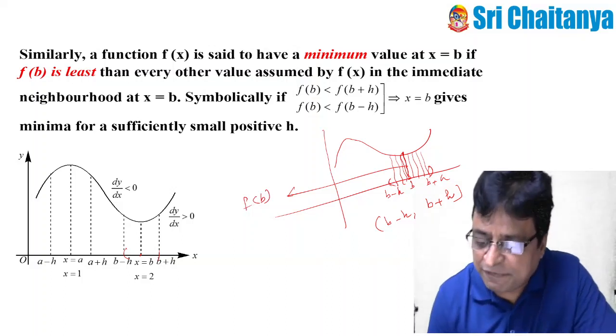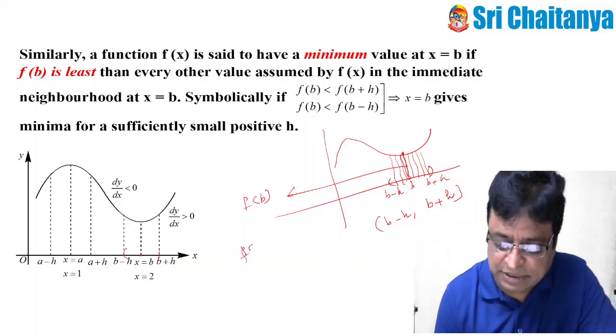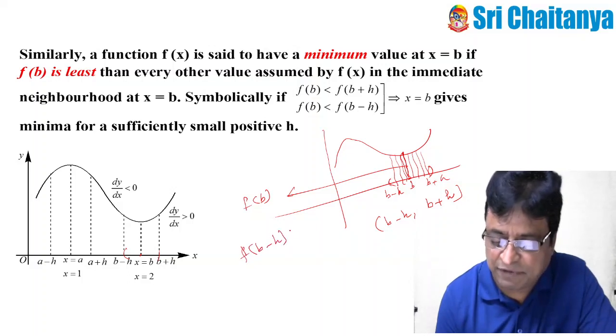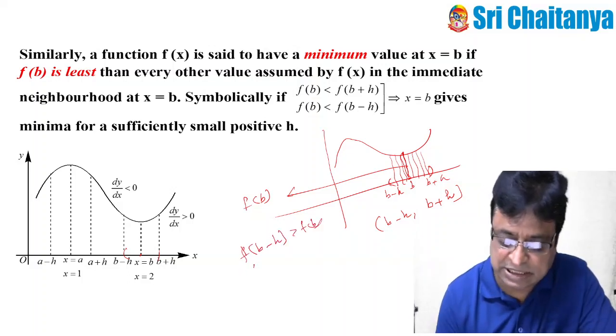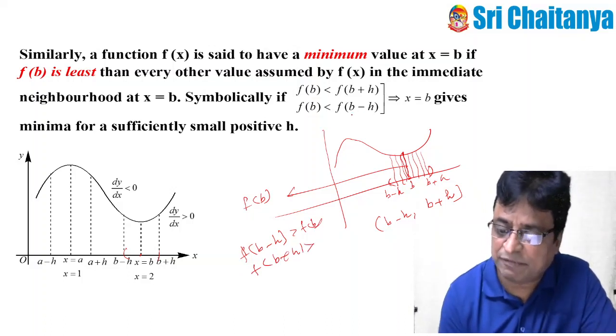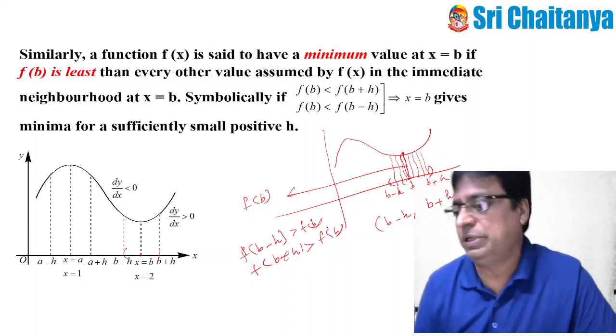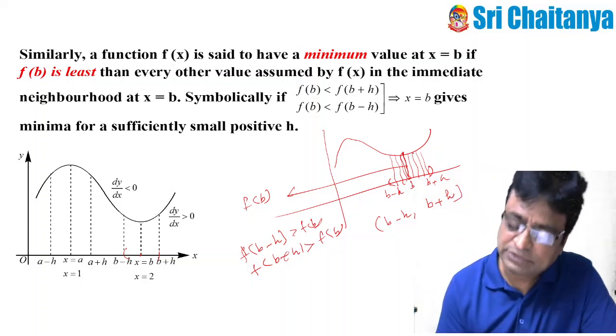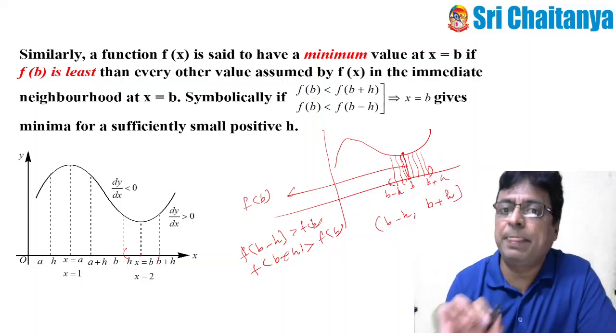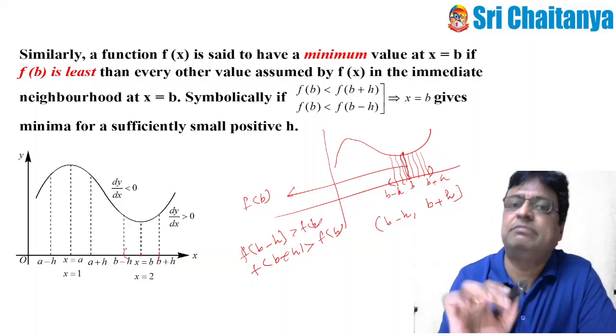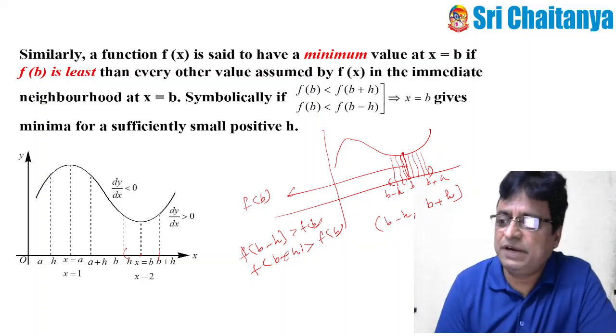That means f of b minus h is greater than f of b, as well as f of b plus h is greater than f of b. Whenever this condition holds good, then we can say that at x equals b, on the curve, the function has a minimum. Clear, my friends?